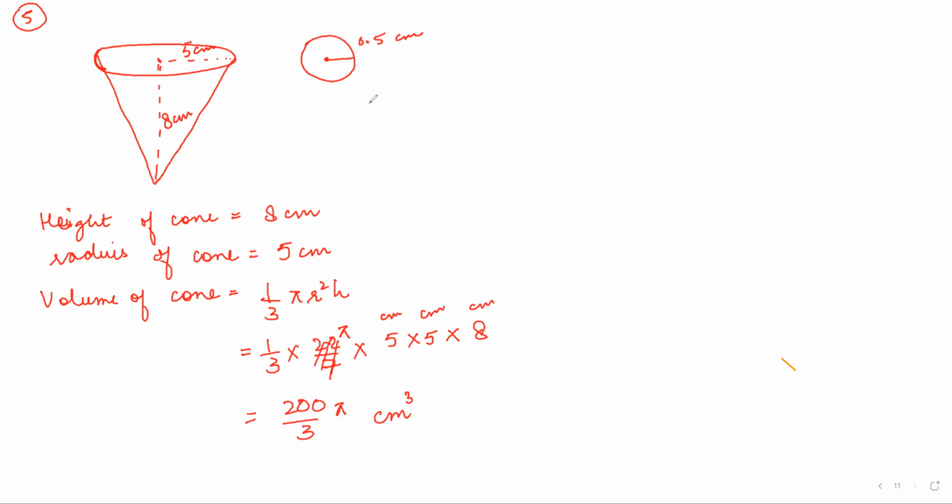Now let us find the volume of lead shot. So radius of lead shot is equal to 0.5 centimeter. Okay, volume of lead shot, because it's a sphere, what is the formula? 4/3 pi r cube.